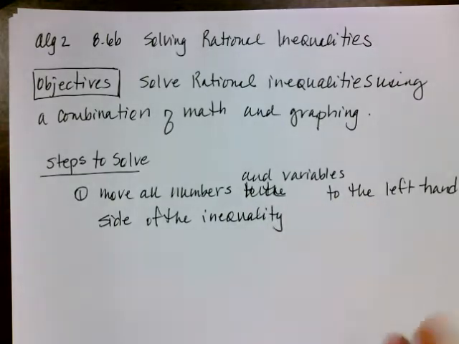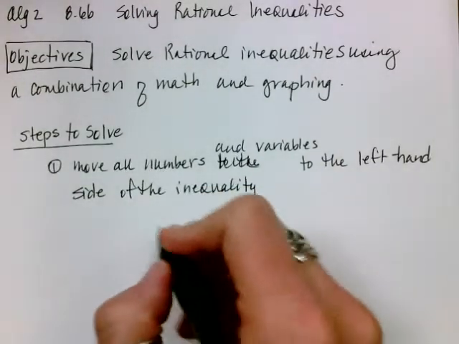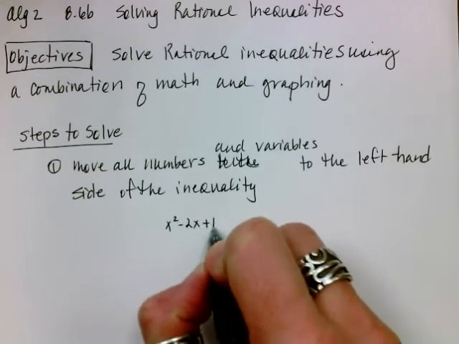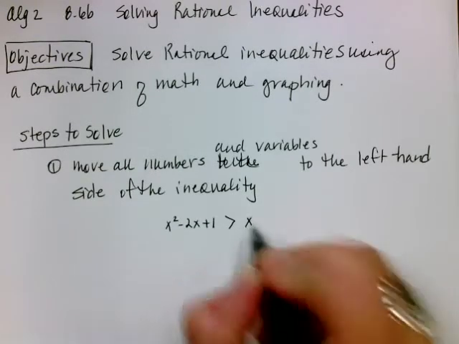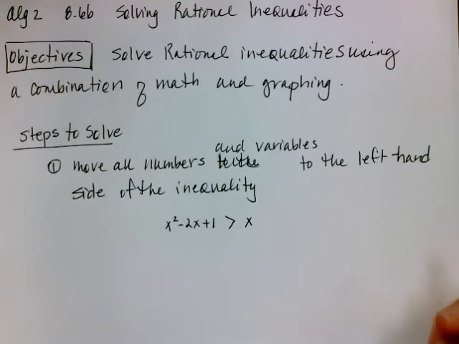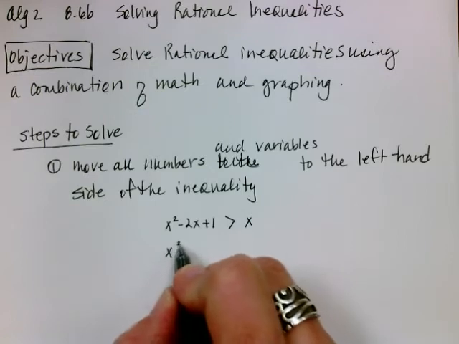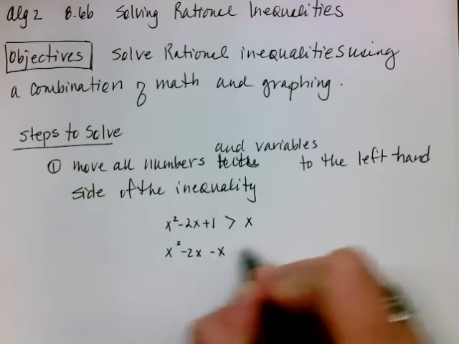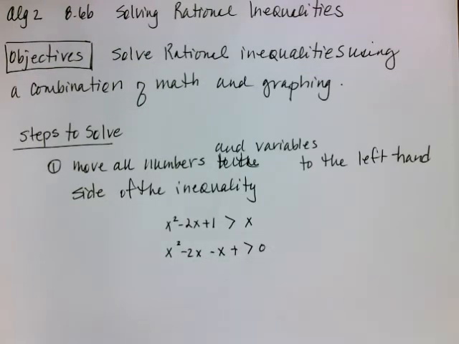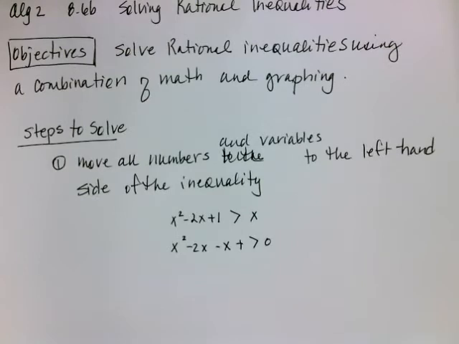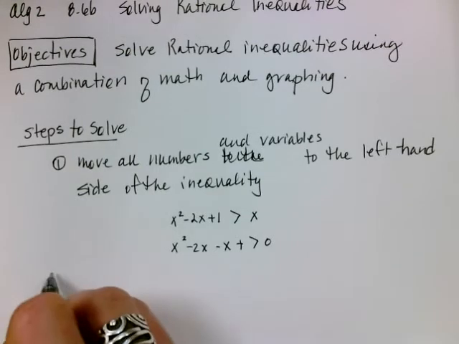So you want it to look like you're setting an equation equal to 0. So like if I had x squared minus 2x plus 1 is greater than x, I would move the x to the other side. So we'd have x squared minus 2x minus x plus 1 is greater than 0, and then I would continue to simplify. So when we start solving our rational inequalities, we want everything on the left-hand side.